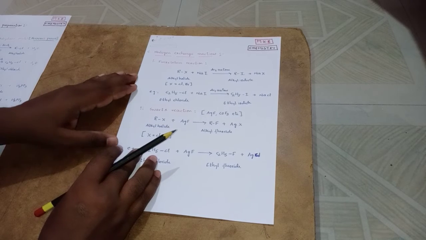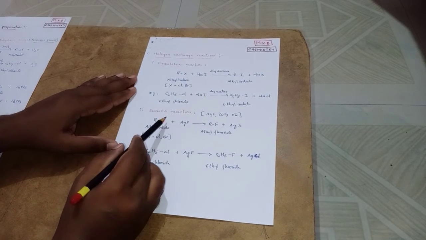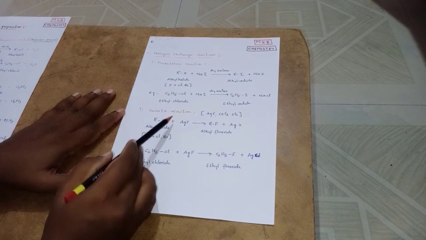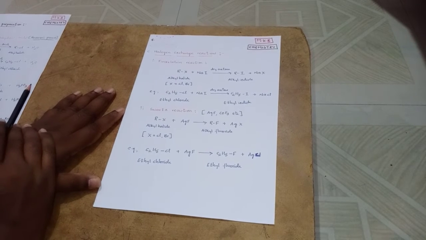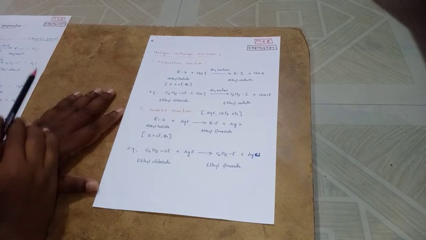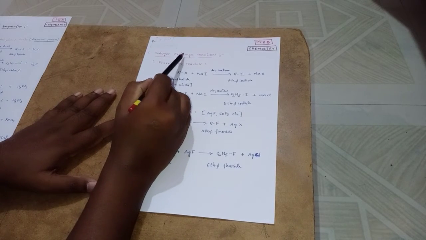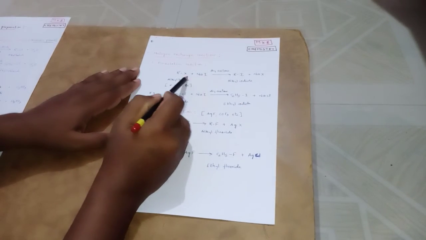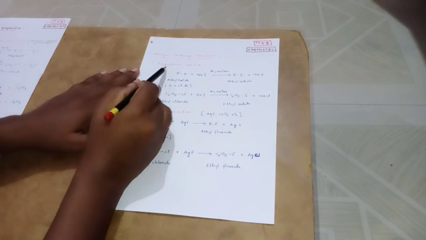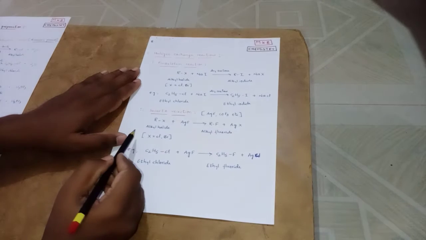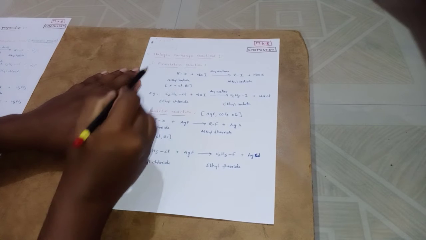Then finally, very important reactions for every year. In the annual examinations, one of these two reactions will be asked for 1 mark. Both are very important. These are halogen exchange reactions; as the name itself says, we exchange the halogens. One is the Finkelstein reaction, the other is the Swarts reaction. What is the Finkelstein reaction?